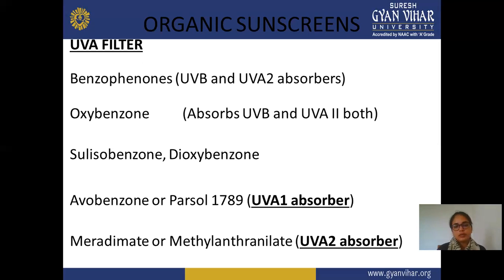And next is meradimate, or menthyl anthranilate, a UVA2 absorber. These two are only for UVA, not protecting from UVB. So before taking a sunscreen, make sure that it protects from both UVA and UVB rays. Select according to both A and B filters.